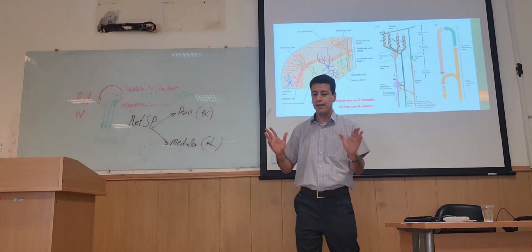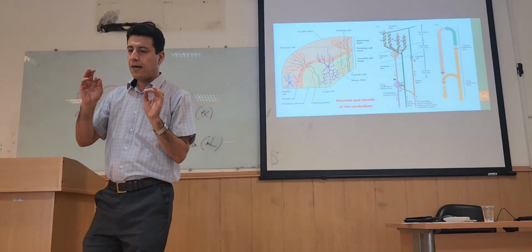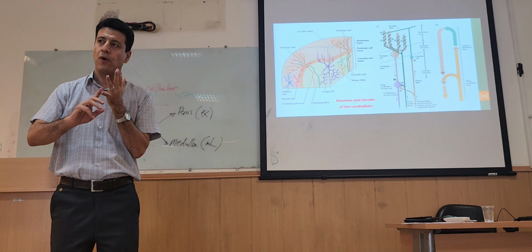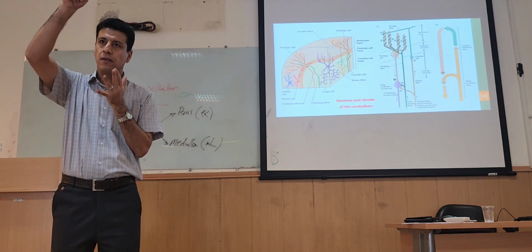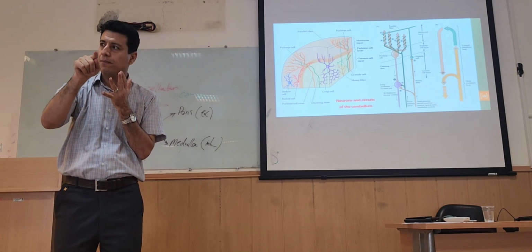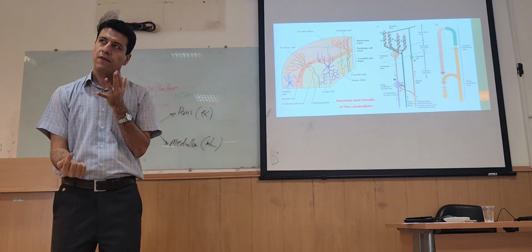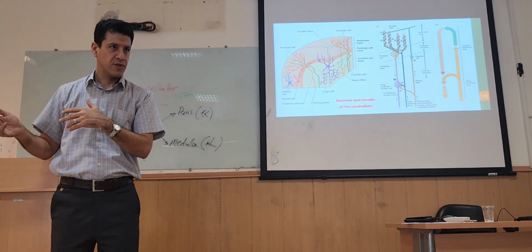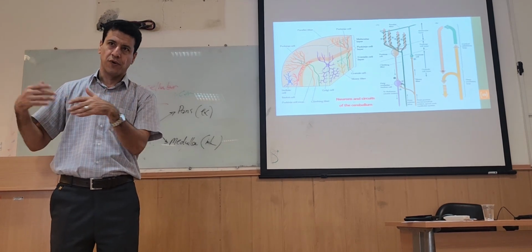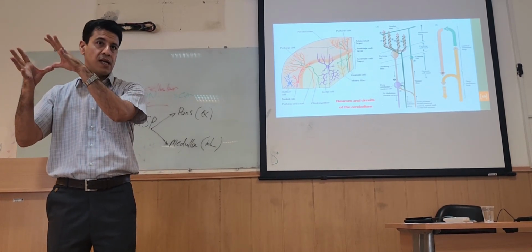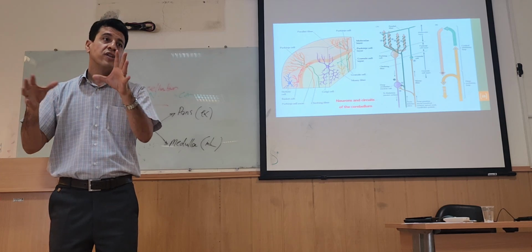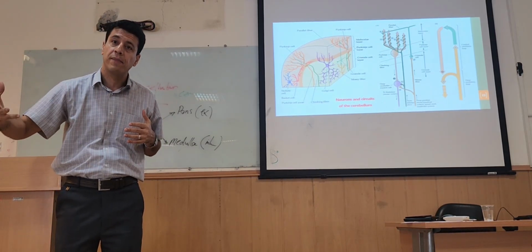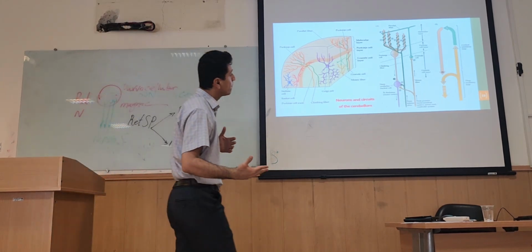Let's review the inputs. I told you that inputs to the cerebellum are from the cortex, going to the pons, and from pons to the cerebellum. From the spinal cord, different pathways, the reticular formation, and vestibular nuclei, all of them go to the cerebellum. Fibers that originate from these areas and go to the cerebellum are called mossy fibers.